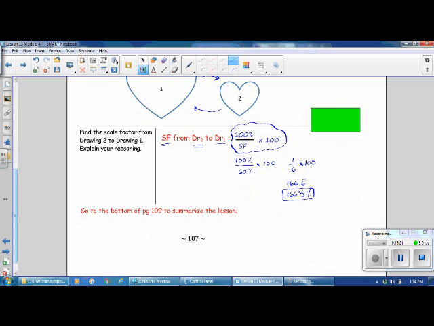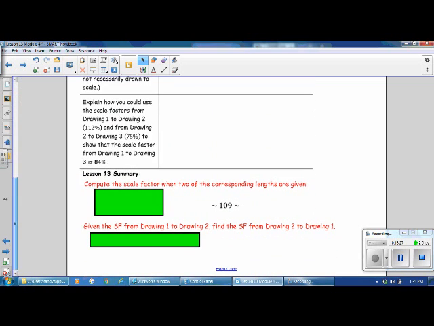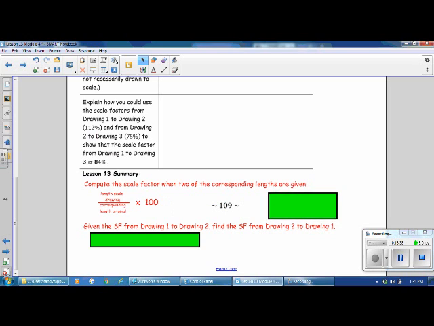Next, we'll go to the bottom of page 109 to summarize the lesson. In this lesson, we learned 2 skills. The first one is to compute the scale factor when 2 of the corresponding lengths are given. To do that, you write a fraction and then convert that fraction to a percent. The numerator is the length on the scale drawing over the corresponding length of the original drawing.